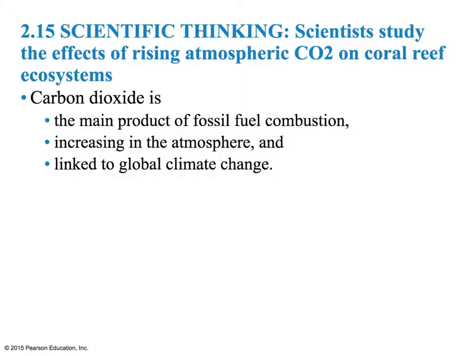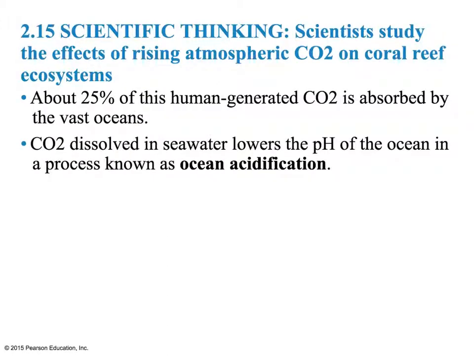All right, and here's one example of how pH is going to affect the world around us. So carbon dioxide, the main product of fossil fuel combustion, is increasing in our atmosphere, and they're thinking that that's linked to global climate change. And so about 25% of this human-generated CO2 is absorbed by the vast oceans.